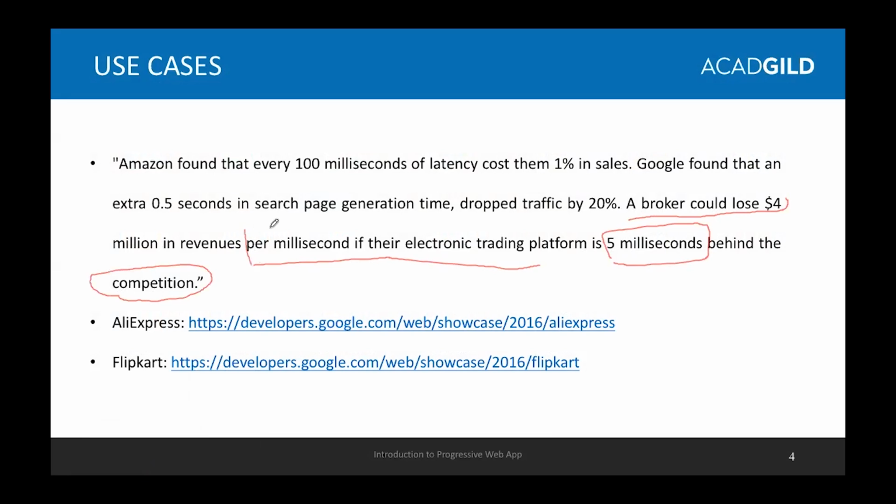This is how important speed is: keeping customers engaged with the application, and at the same time increasing the speed and connectivity of your application. Now, these are certain case studies that you could find on Google's website. I'll just open one of each of them.